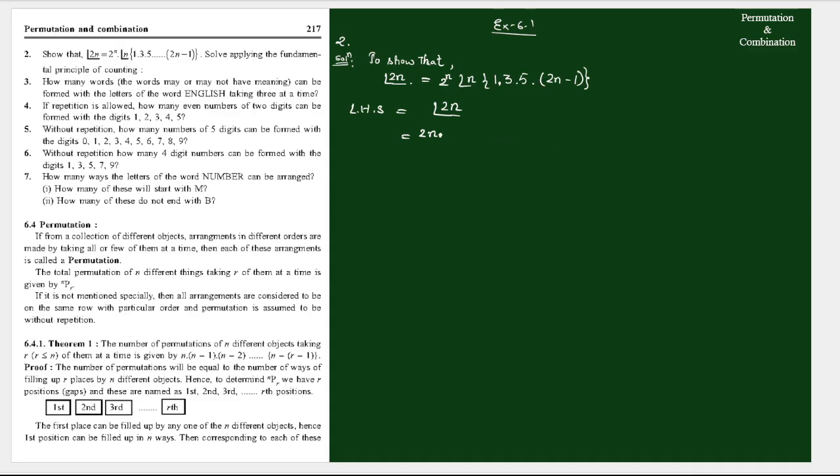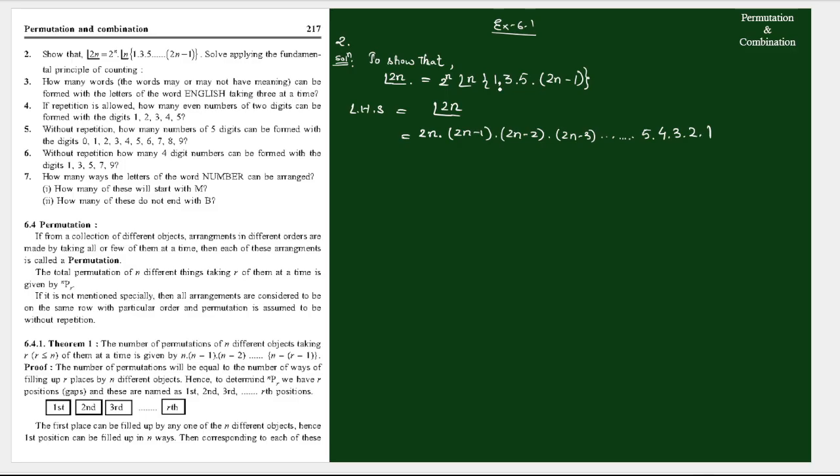So 2n, then decreasing by one, it will be 2n minus 1, then 2n minus 2, 2n minus 3. It will go on like this up to 1, so 5, 4, 3, 2, 1. So this is our factorial 2n.